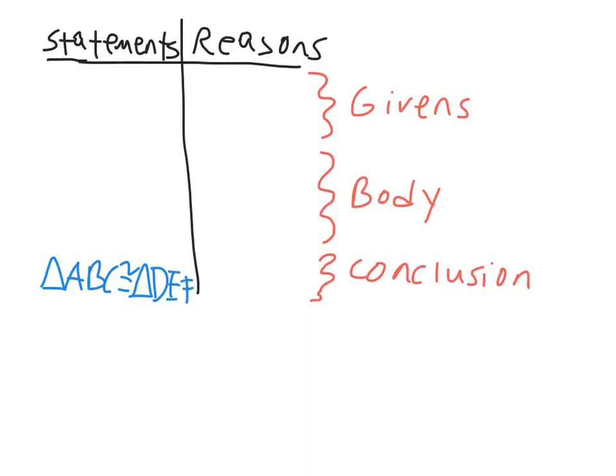And this is the only part where you'll say the reason. And the reasons will be all the three letters that we talked about when we were talking about determining congruence. So an example one would be SAS.